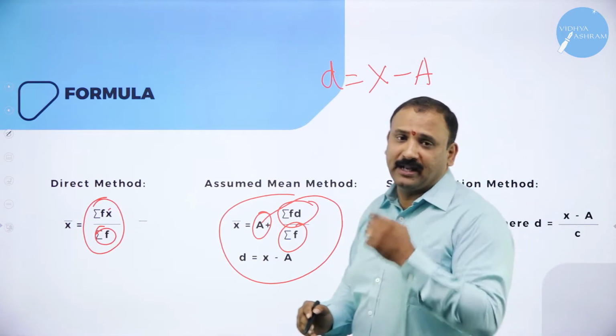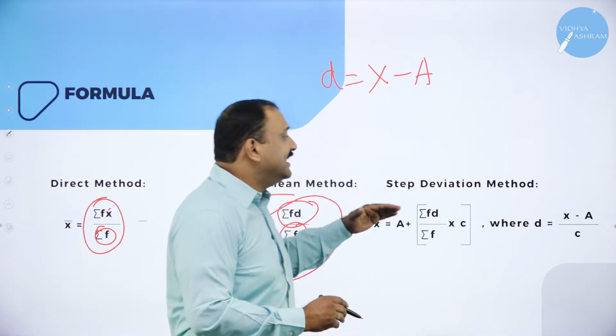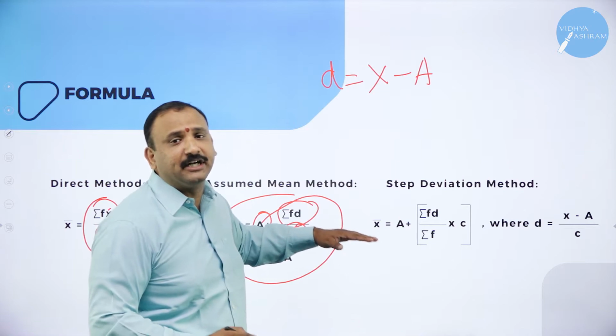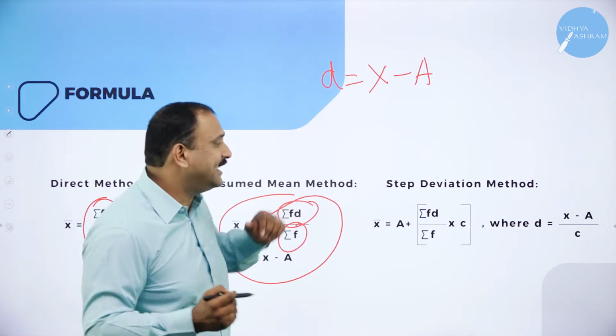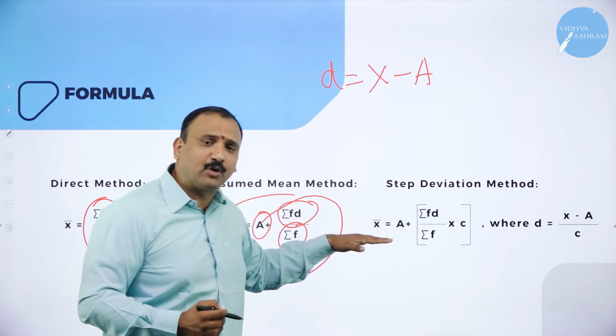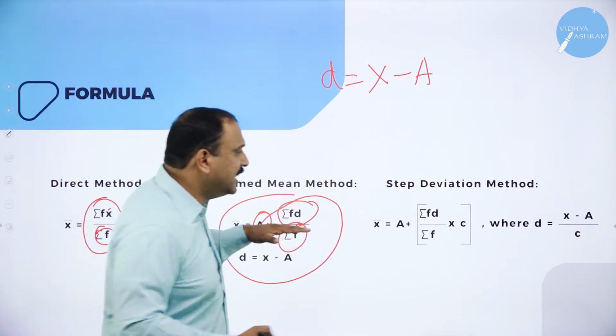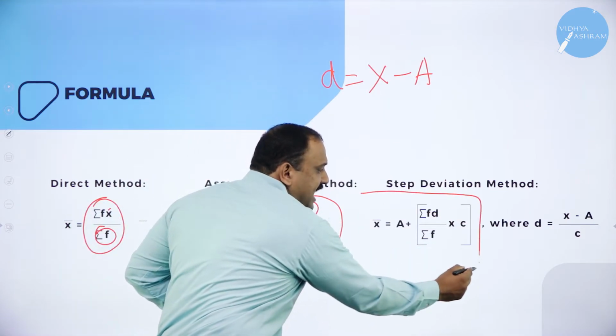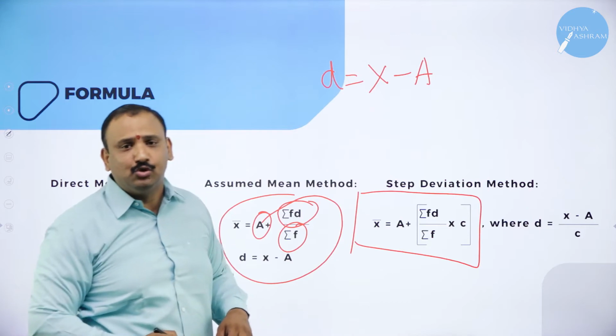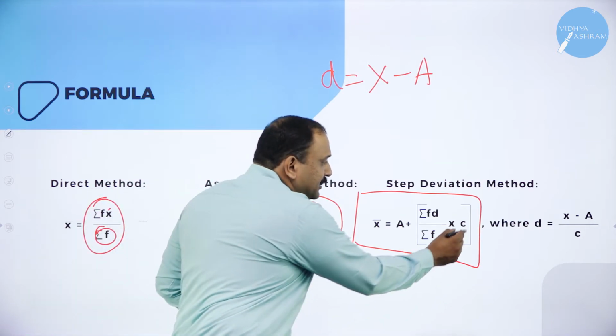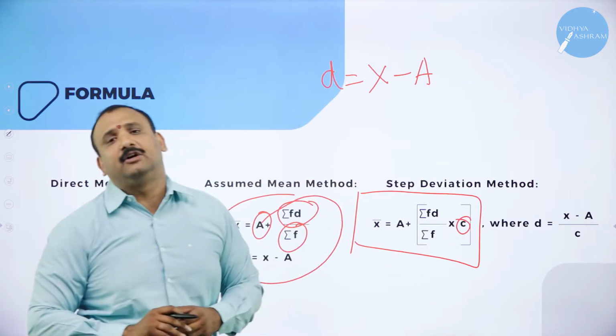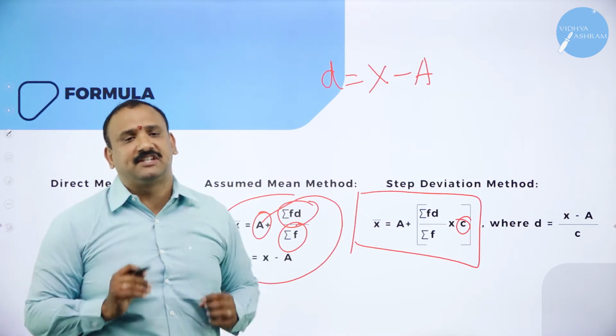Now the new formula that we are going to learn today is the step deviation method, a very important and interesting one. Just have a close look at the formula. It almost looks the same as that of the assumed mean, except for the factor. Now we are going to bring in the common factor called C that we have discussed here.